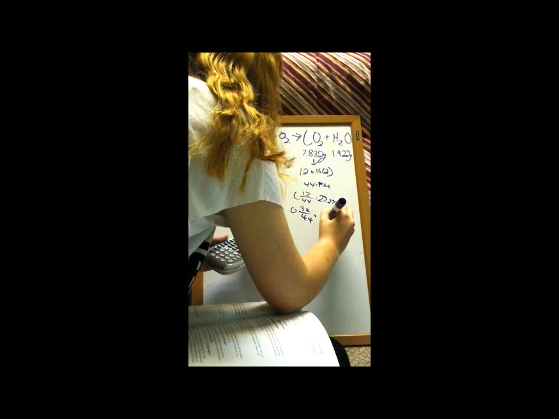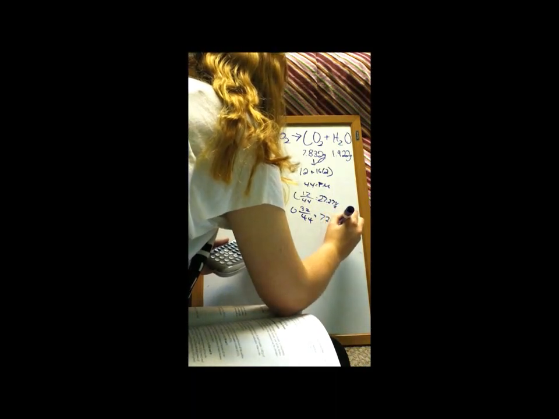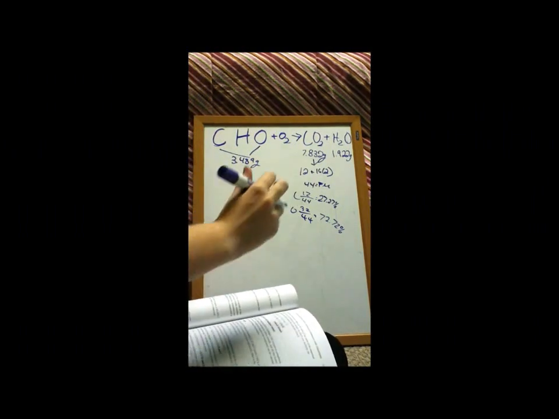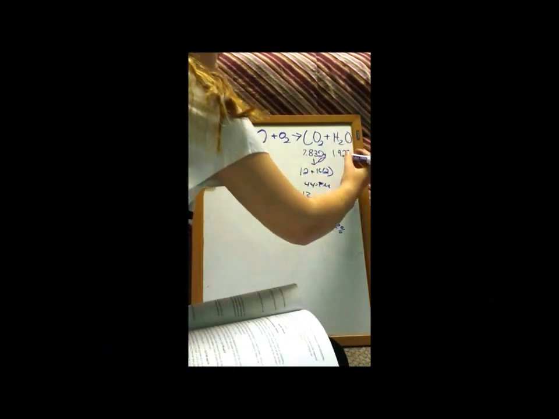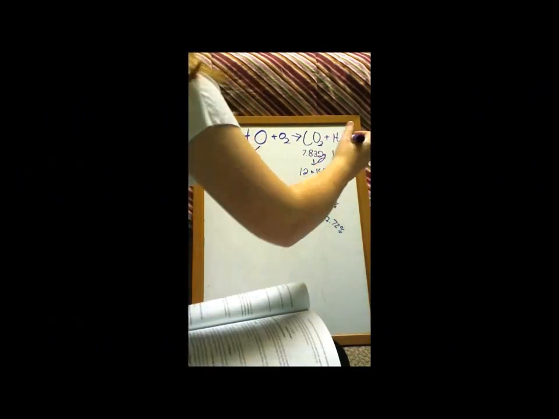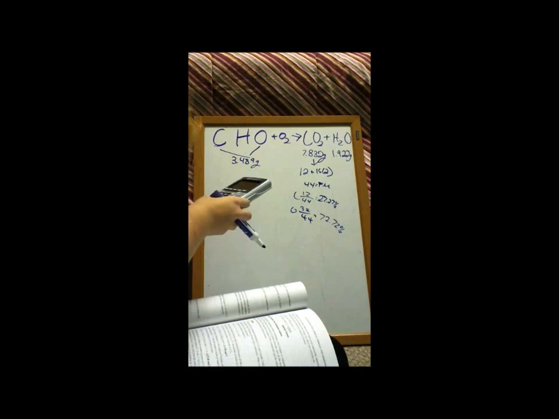Which is 72.72%. Okay, and we'll do the exact same thing with H2O. We know that H2O has a total formula mass of 18, 1 for each hydrogen and 16 for the oxygen.